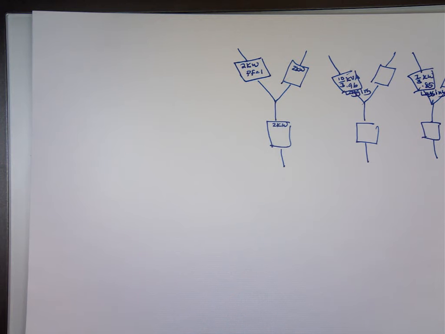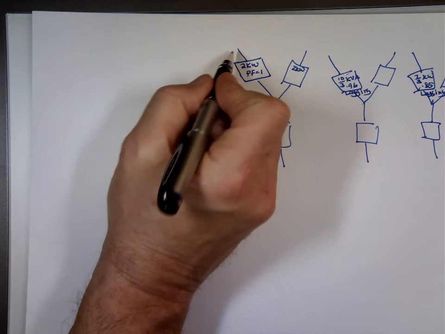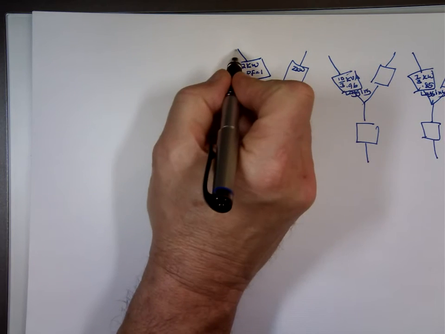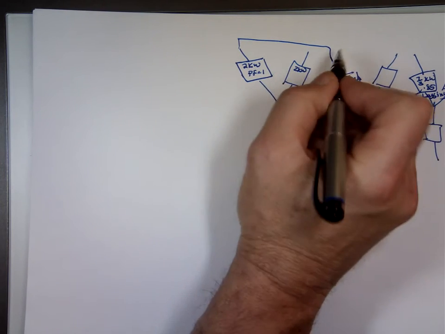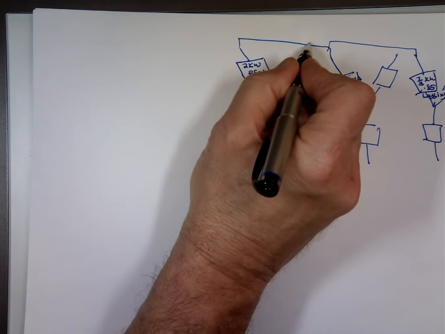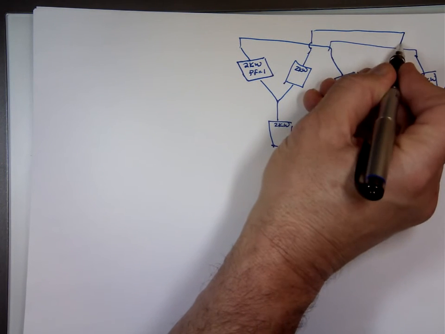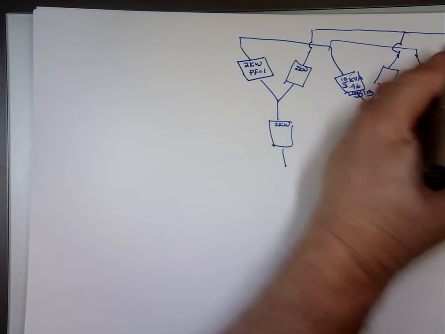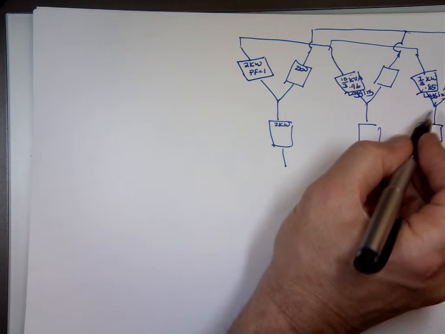If the phase voltage at the loads, that's this voltage right here. So remember, these are connected in parallel. This end is connected to this, connected to that. This end is connected to this, connected to that one.